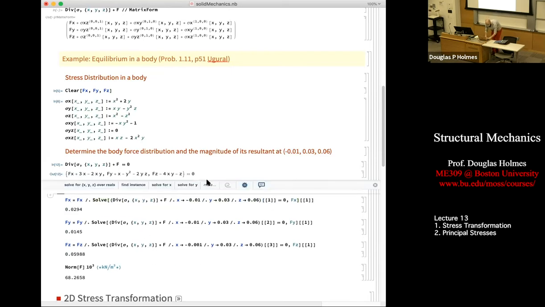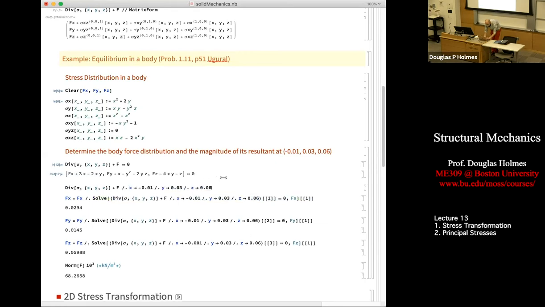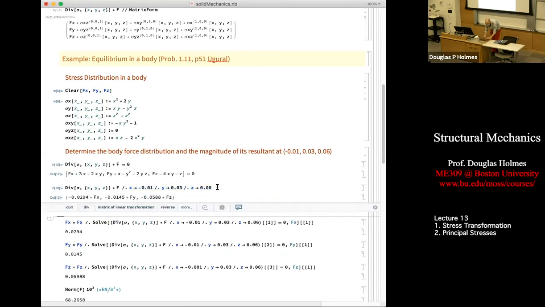Let me show you. Let me just back up a second. I can just take, for instance, this. Divergence of my stress plus force at this point equals that thing. And now it's pretty straightforward.